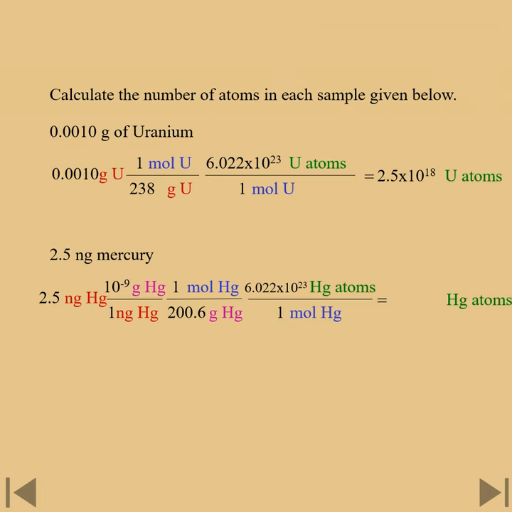And this sample will be so small we wouldn't even see it. And yet it has 7.5 trillion mercury atoms. I hope you can appreciate just how small atoms are.